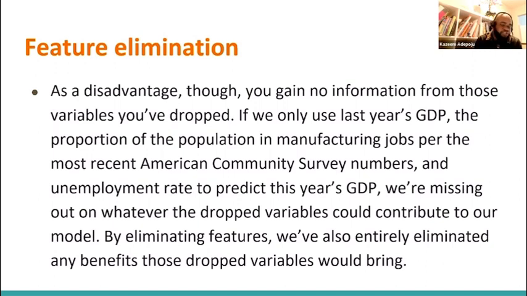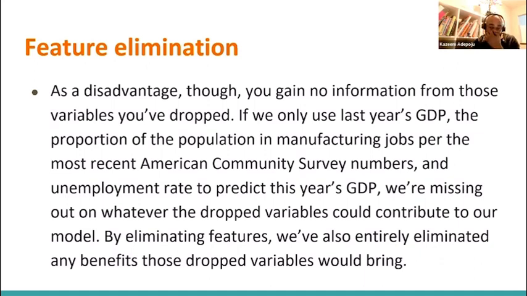In feature elimination, that is where you say, okay, I'm going to drop some variables that are not relevant, maybe because you've reviewed the literature and you are guided theoretically to do so.